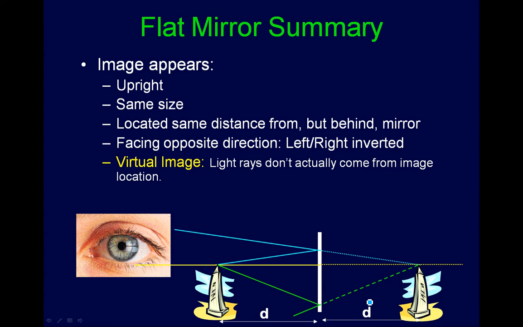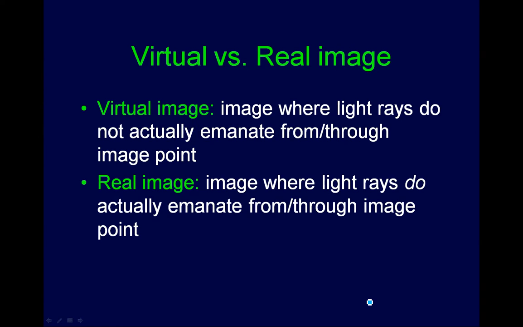We'll talk much more about mirrors as we go on, but this is just our first introduction to one. Again, a virtual image is an image where the light rays do not actually emanate from the image point. And a real image, which we haven't seen yet but will later, is an image where the light rays do actually emanate from the image point.